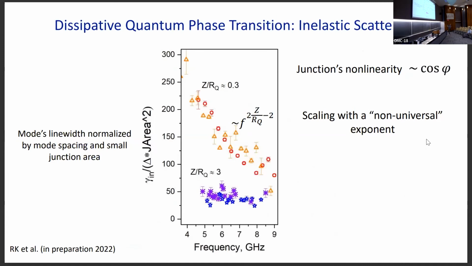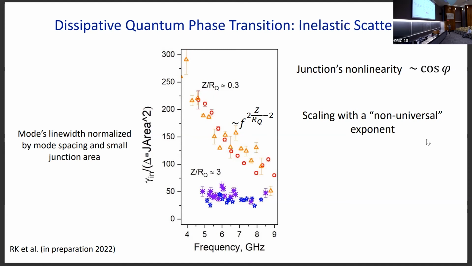But the way to look at it is as a function of frequency. So as a function of frequency, you can plot this broadening and normalize it by free spectral range and small Josephson junction area. You will see that, for example, these two devices, orange and red, the data align on each other, even though the junctions are different.